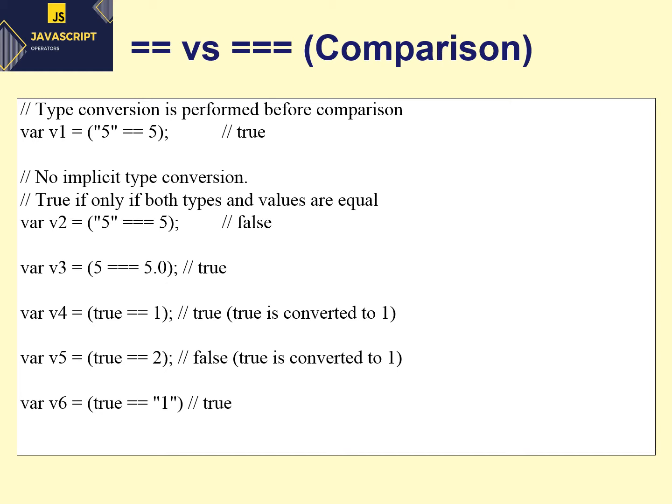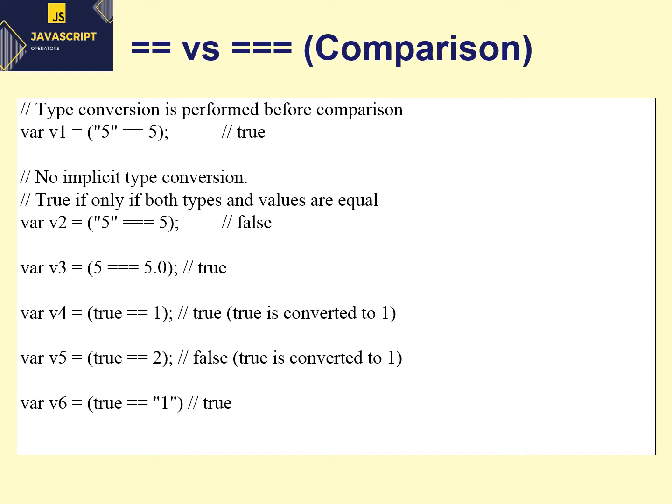Then comes the second expression. Variable v2 is equal to 5 in double quotes, triple equal to 5. Triple equal to is used for checking the value as well as the data type of the corresponding operands.